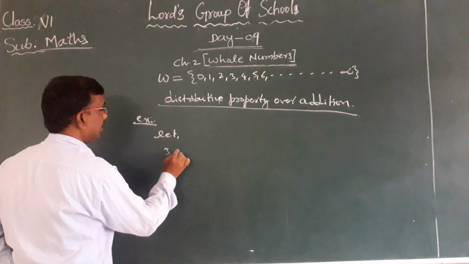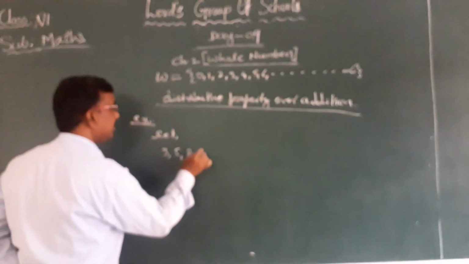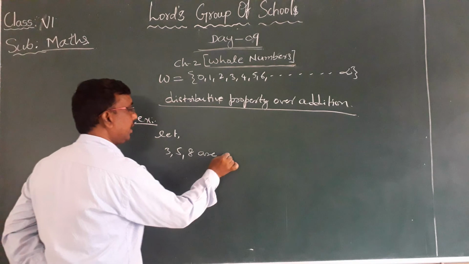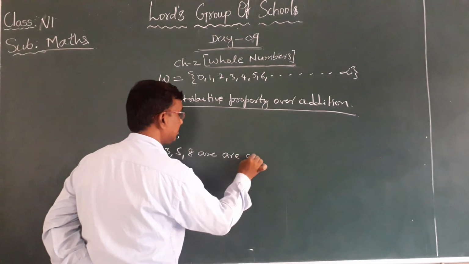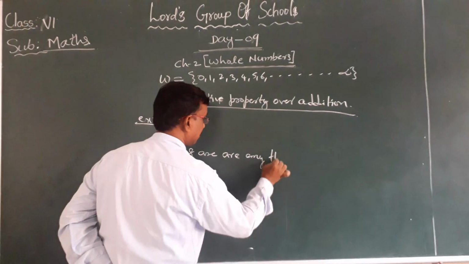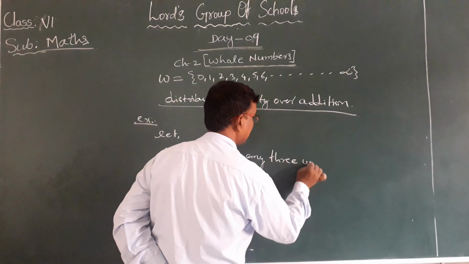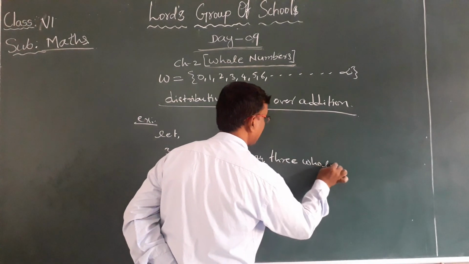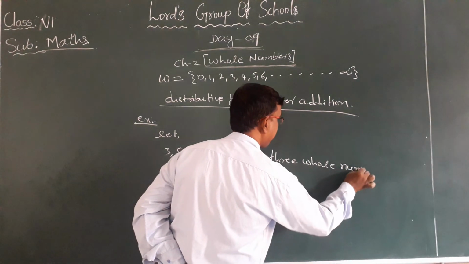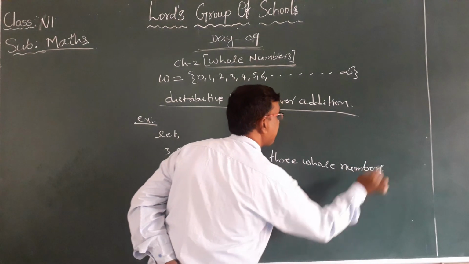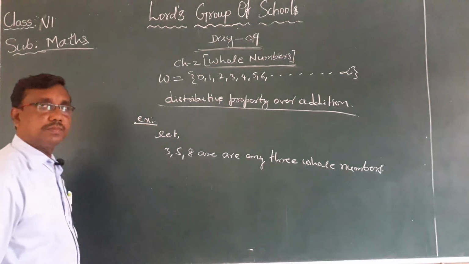Let 3, 5 and 8 be any three whole numbers.